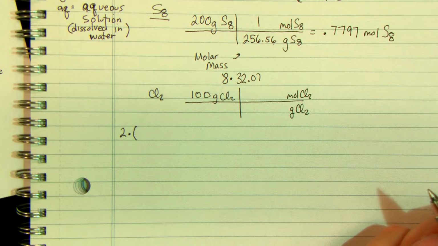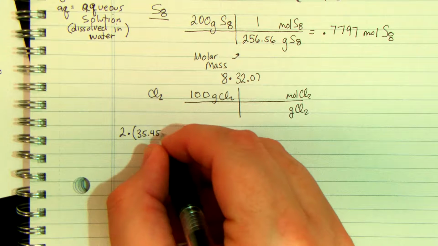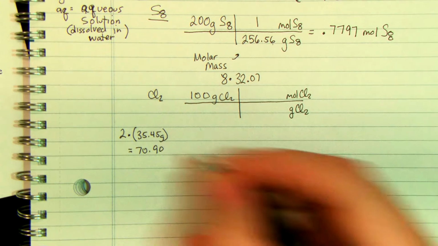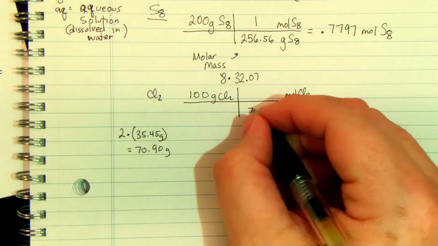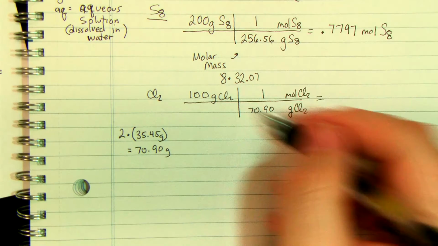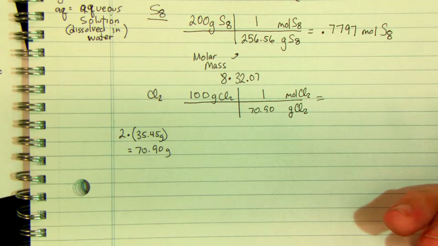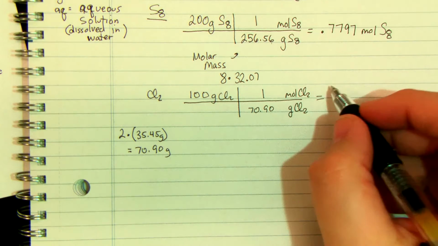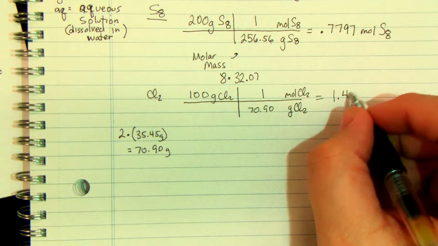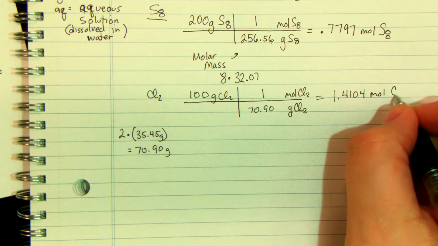So that's 2 times 35.45 grams, which is going to be equal to 70.90 grams. So I'm going to get 70.90 grams per 1 mole. So now, what do I do with the 100 and the 70? Divide again. And to make a long story short, 1.4104 moles of Cl2.